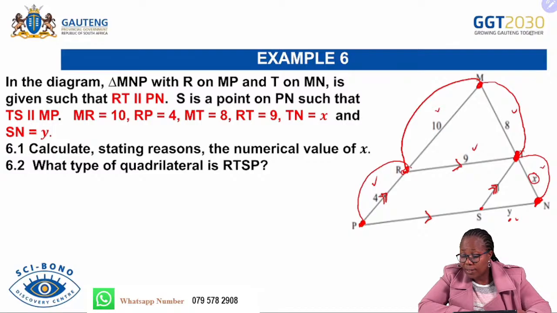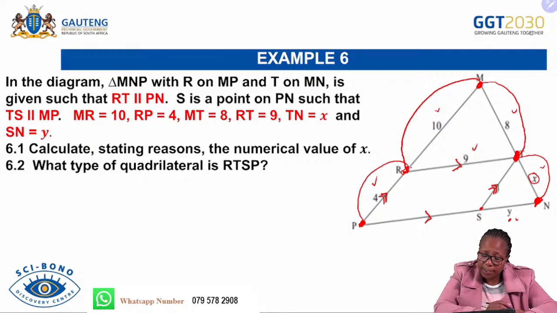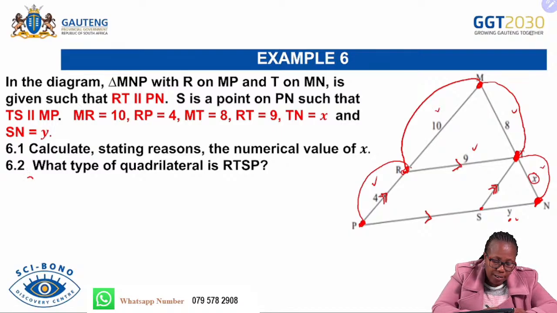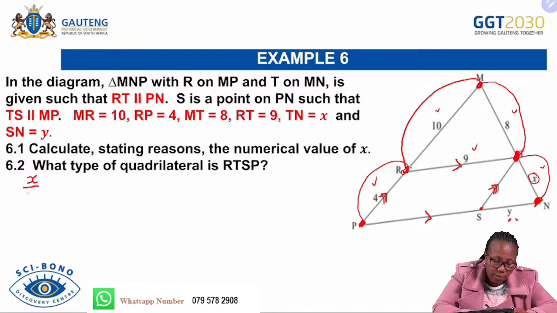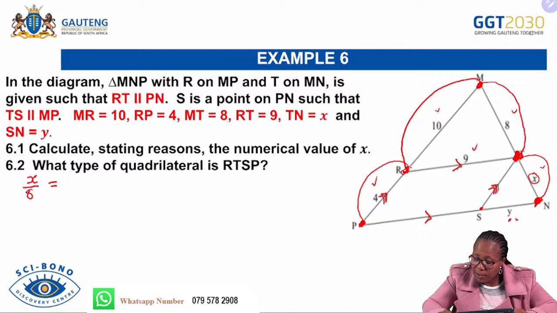I hope we are still together, grade 12s. Okay, now let's start with 6.1. We are taking TN because it's the one that we will be calculating. Because it's X, it will be X for TN over 8 for MT, equal to this. Let's look at this now.